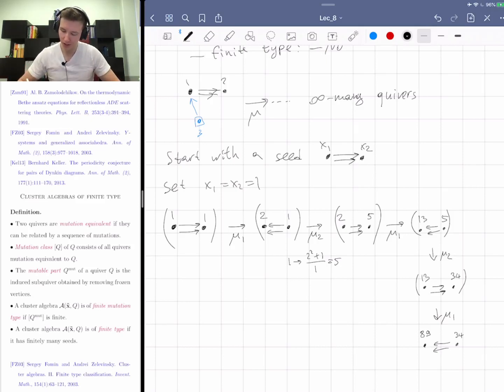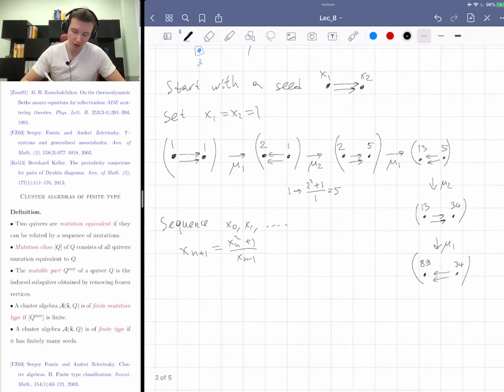All right. So 89 and 34, and so indeed, if you look at Fibonacci, let me write it down correctly. You get a sequence x0, x1, etc., which is defined by the recurrence relation xn plus 1 is equal to xn squared plus 1 over xn minus 1, or something like this.